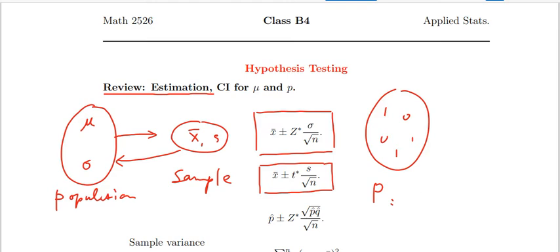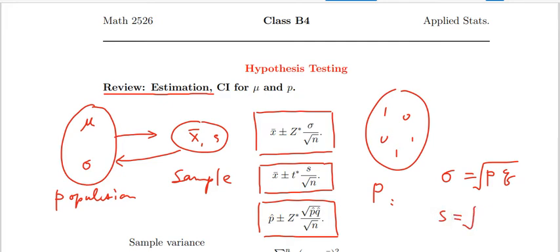So in a typical situation, for a proportion, we can still use z star. For the proportion of this 1-0 distribution, sigma equals the square root of PQ, and we can use the sample standard deviation. Here we replace sigma by this s, but you can still use z star.